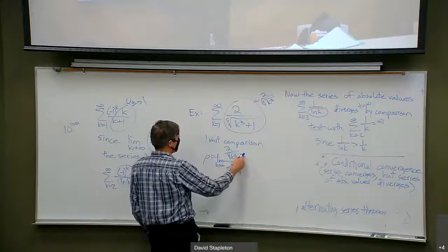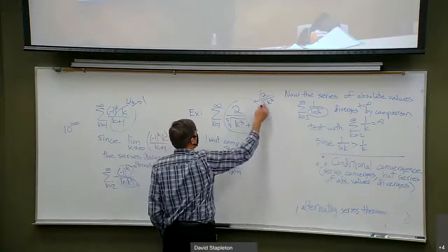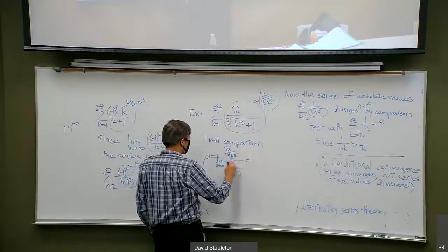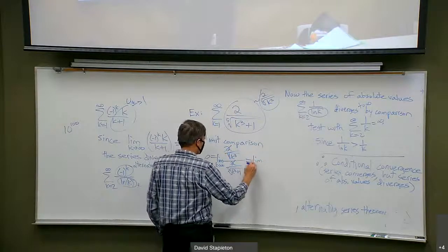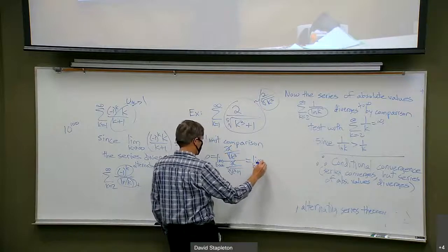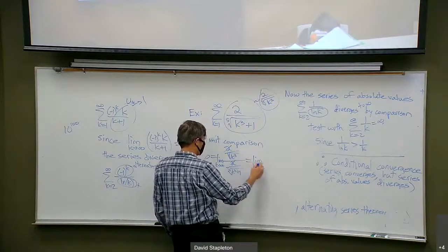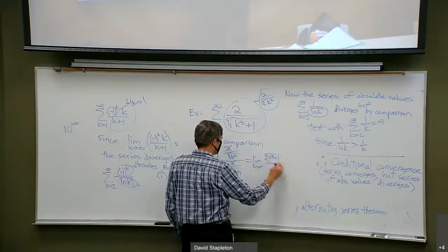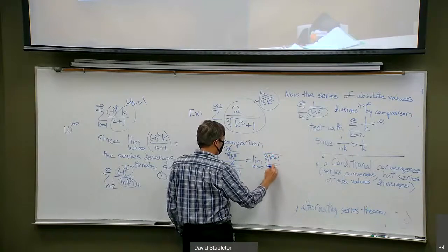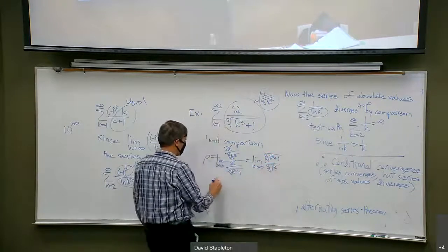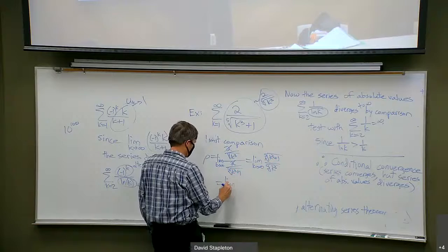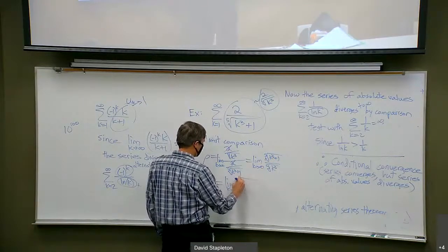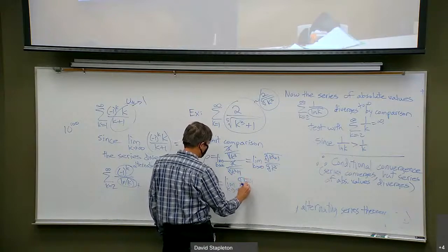Here's the limit comparison test: limit of the kth term in a series with those terms to this one. And now the 2's cancel, and we just get the limit as k goes to infinity of top times bottom over middle times middle, which is the fifth root of k cubed plus 1 over the fifth root of k cubed. You can write that as a single quotient. It's the limit as k goes to infinity of the fifth root of (k cubed plus 1) over k cubed.